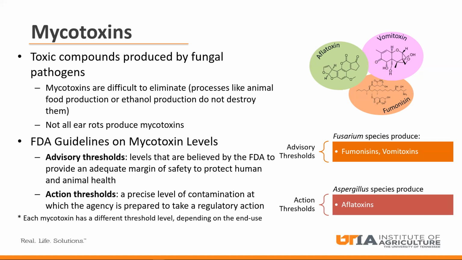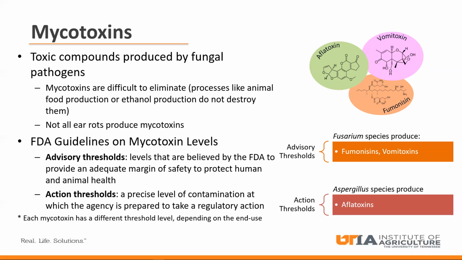Action thresholds are set in stone and will be backed up by the FDA because it is a precise level of contaminant of a known carcinogen. For fumonisins, there are data out there, but not as strong as for aflatoxins.